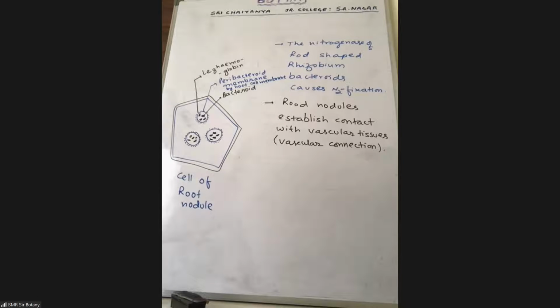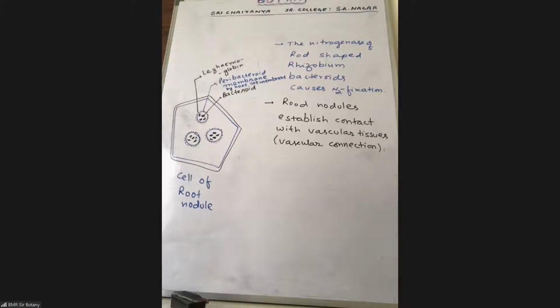On reaching the surface of the wall, first the bacteria released Nod factor, which resulted in curling, then released enzymes. Which enzymes? Cellulase, pectinase, which caused breaching of the wall so that they reached the membrane. On reaching the membrane, they induced invagination of the membrane. What was that invagination of the membrane called? Infection thread.